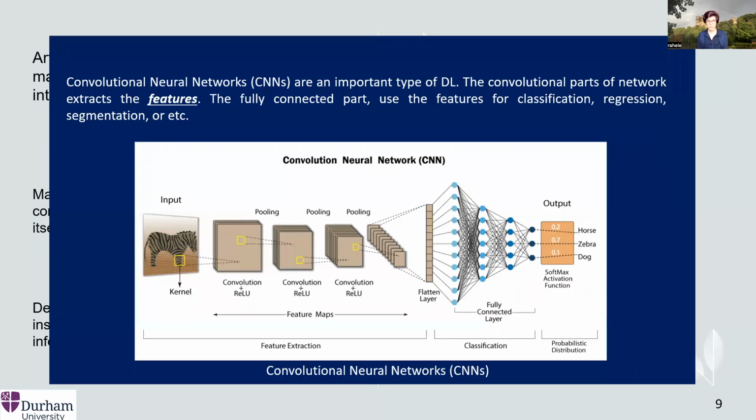So we usually deal with convolutional neural networks as the most important subclass of deep learning methods. What happens in the convolutional part of the network? As you can see from this image, in the left part, the convolutional part is in charge of feature extraction. That specific extraction of features happens using these convolutional layers.